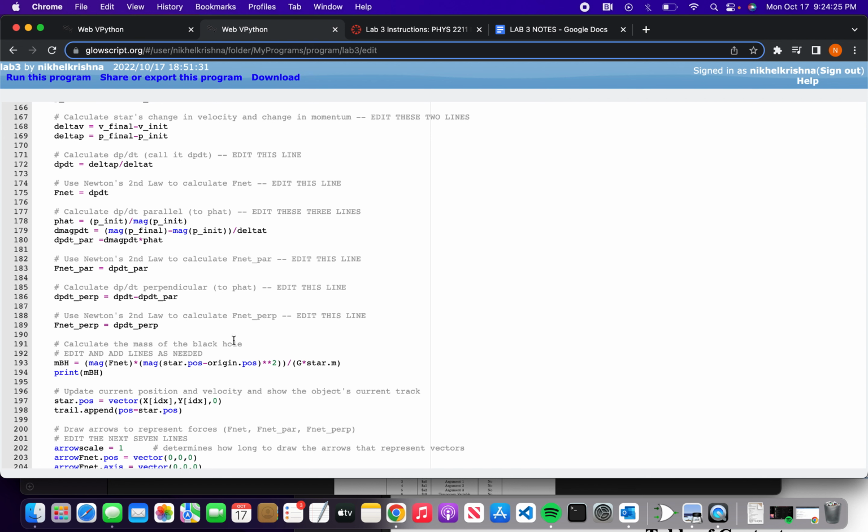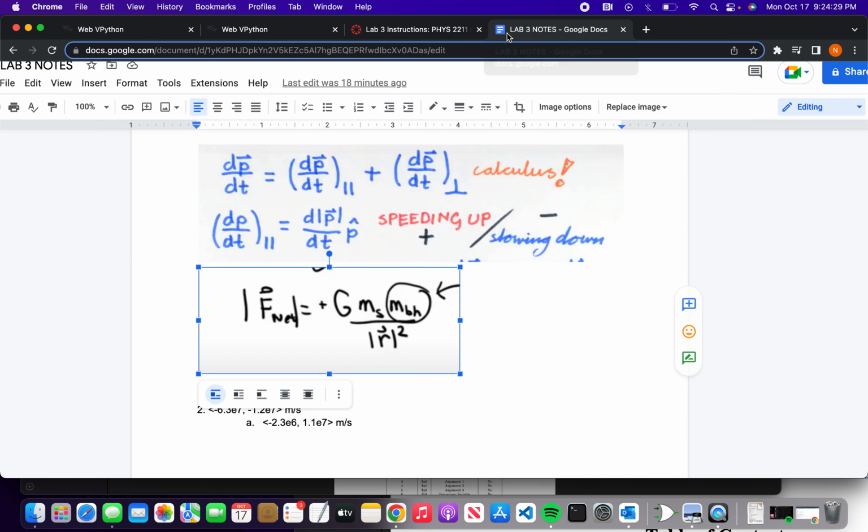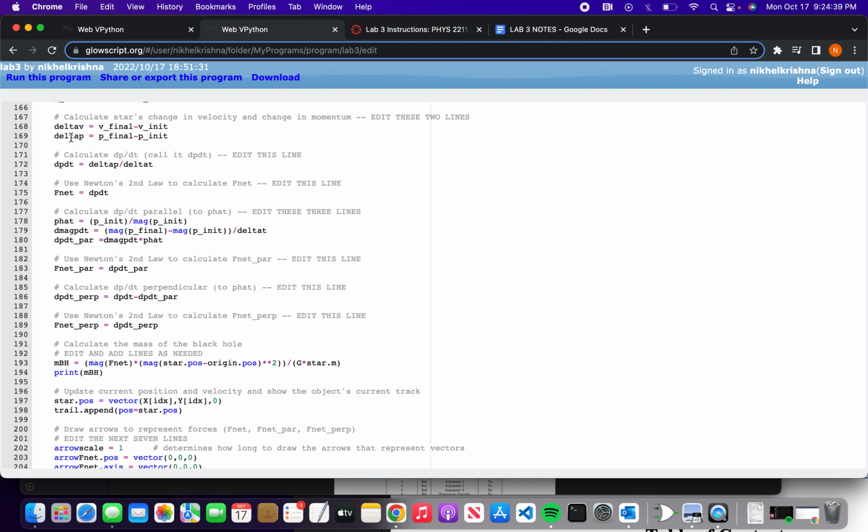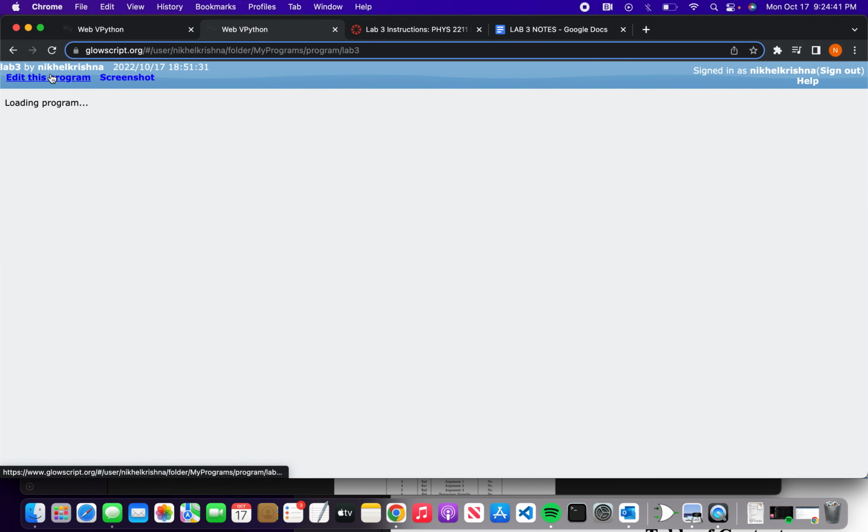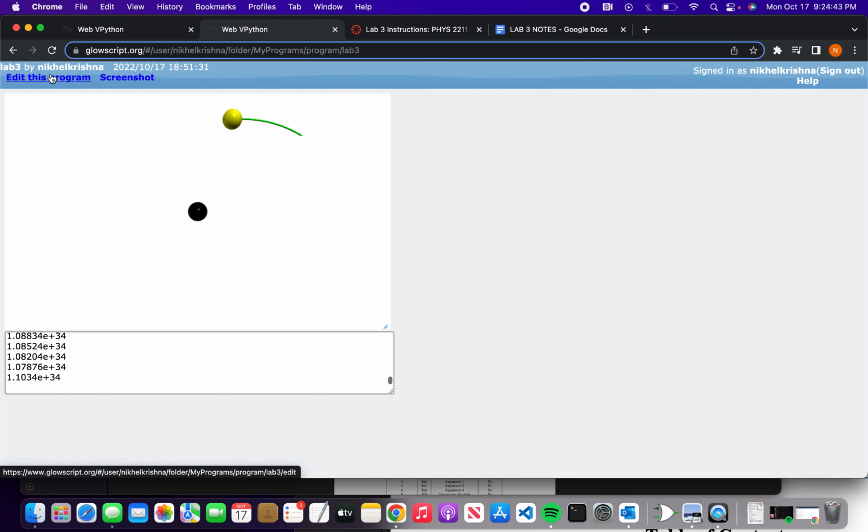And finally, to calculate the mass at that timestamp, we use the gravitational equation, just slightly rearranged to isolate m subscript bh. When we run it, we get values that I plugged into Excel, and the average of these came out to be 1.08 times 10 to the 34th.